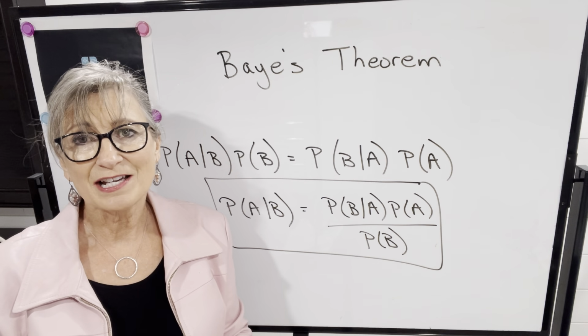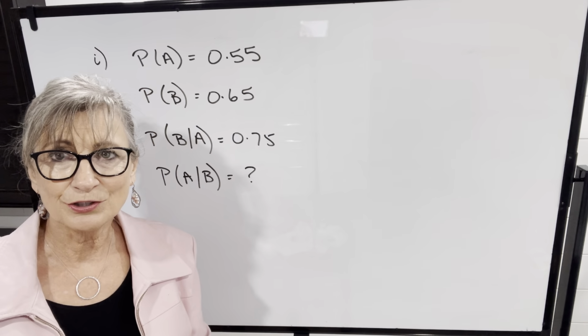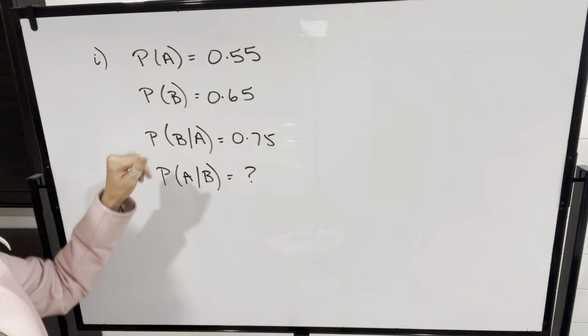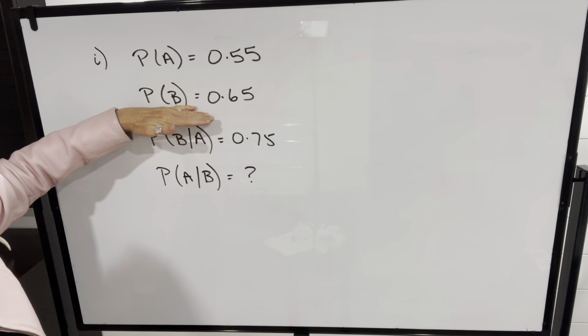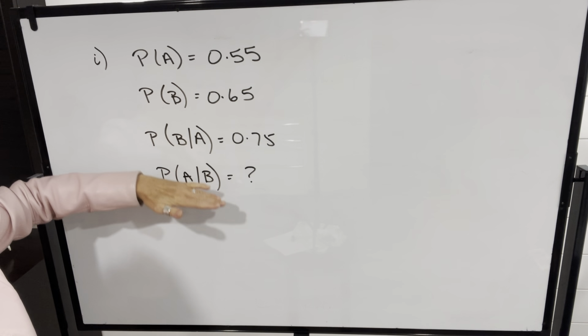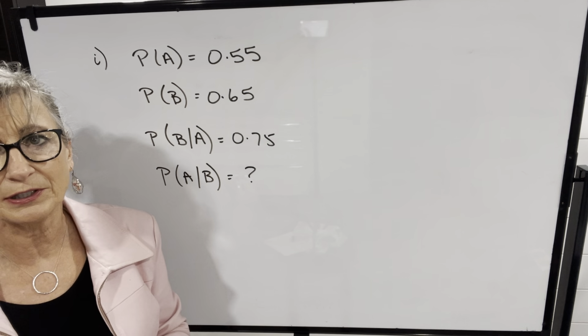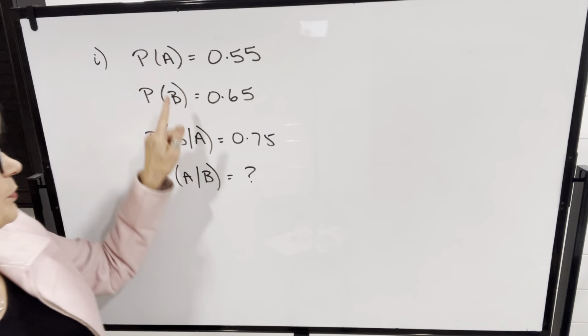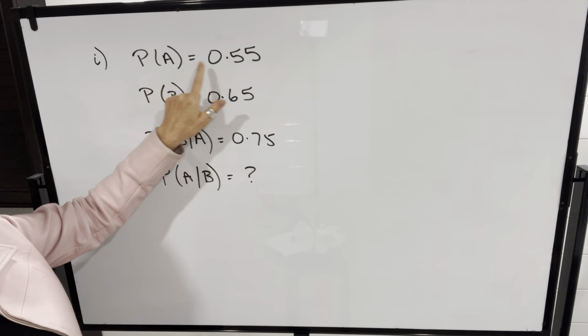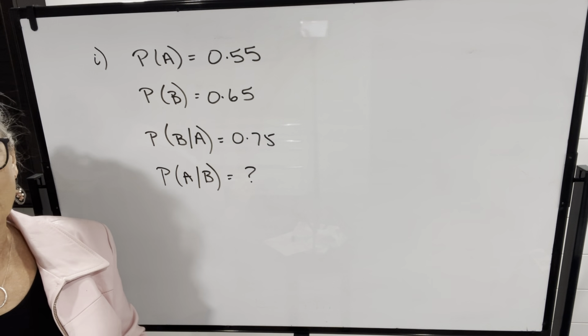Let's take a look at some examples of how we use this. First example that we'll take a look at is something fairly straightforward. We know the probability of A, we know the probability of B, we know one conditional probability, we want to know the other conditional probability. So let's say these things represent people attending some event. The probability that Anne will attend the event is 0.55 or 55%.